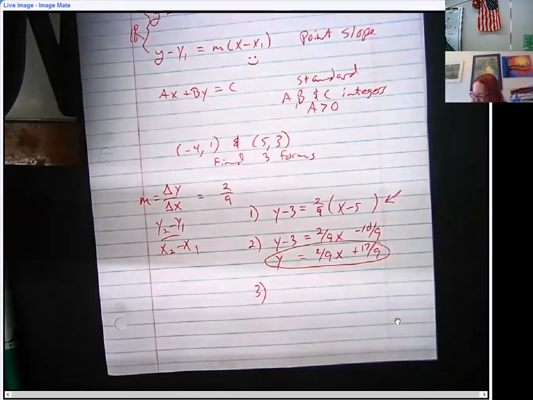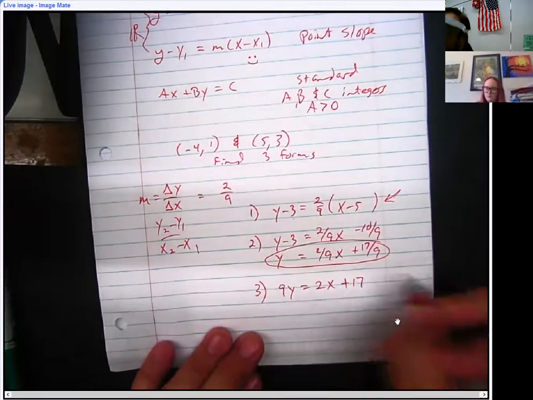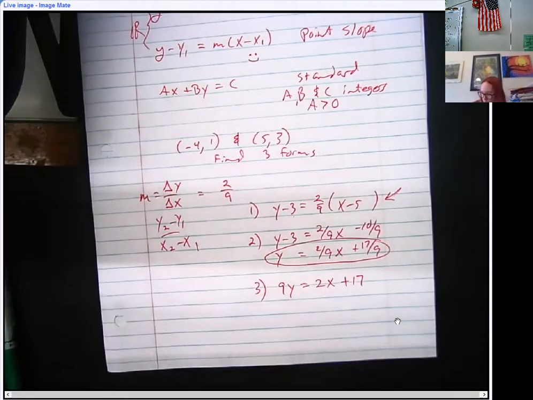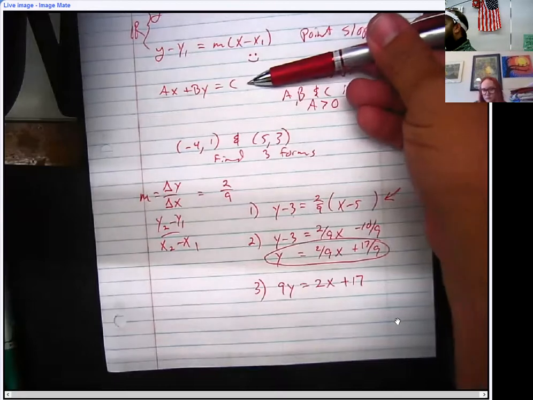Number 3, last but not least, how do I go to standard? What cannot be there? Any fractions. So what are we going to do? Multiply by 9. So we got a 9y, we got a 2x, we got a 17. Are we close? What's wrong there? X is on the wrong side, so I got to move that.